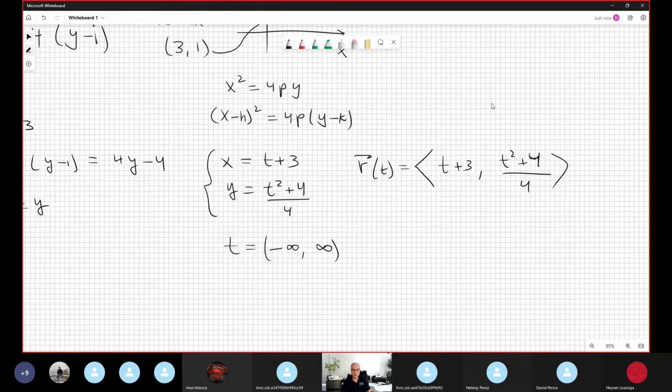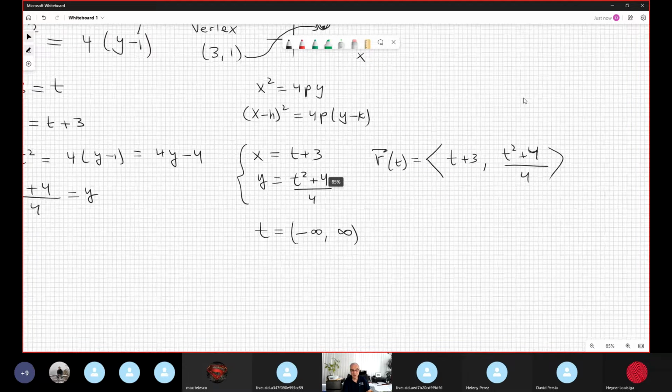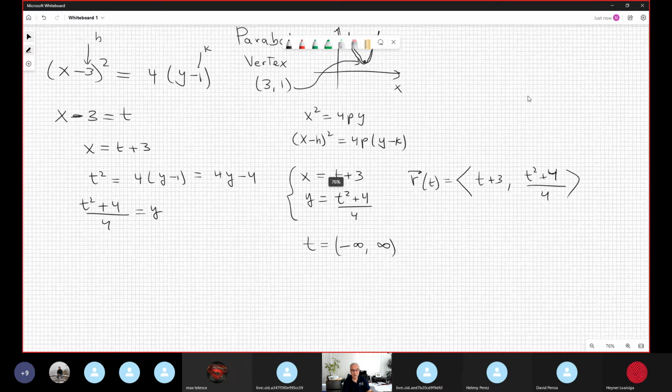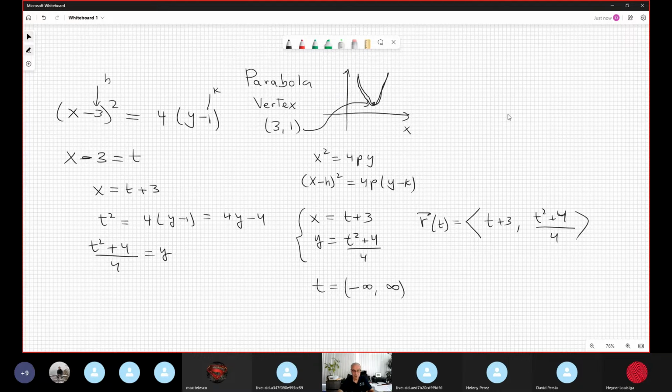Guys, this is not new for you. When we studied the line, you define the parametric equation of the line and you define the interval. The line is infinite in both directions, from negative infinity to positive infinity. The parabola is also infinite in both directions because the parabola continues forever. It's different to the ellipse, which is a closed curve.